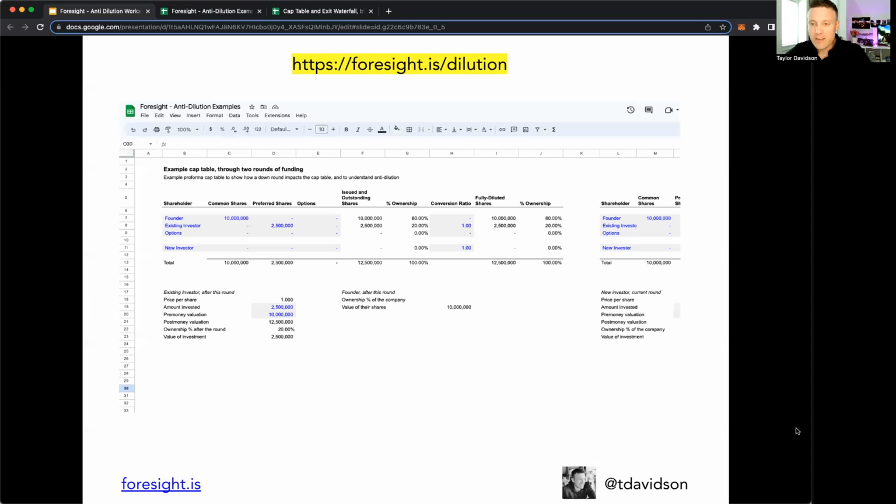Now, pre-money SAFEs and convertible notes still bear ownership dilution. All SAFEs are going to bear dilution from issuing equity rounds. Pre-money SAFEs and convertible notes will get ownership dilution from issuing more pre-money SAFEs and more notes. Post-money SAFEs are protected from ownership dilution from issuing more SAFEs and notes prior to the equity round.